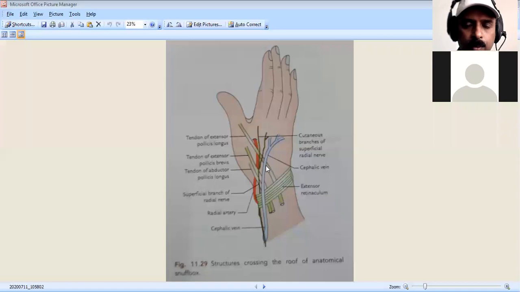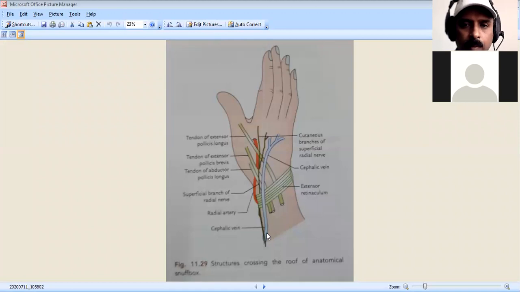Next comes the roof. The roof is formed by the skin, superficial fascia, and deep fascia, and we get the cephalic vein.